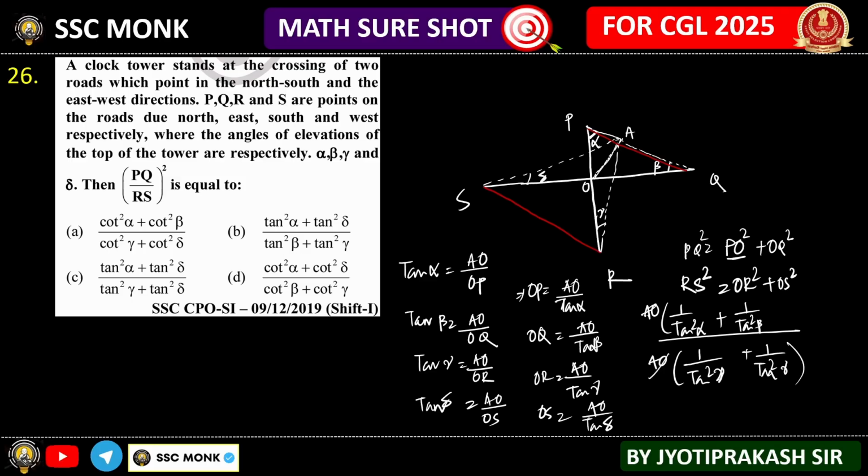Now AO is gone. 1 by tan square alpha can be written as cot square alpha, this as cot square beta, this as cot square gamma, and this as cot square delta. Answer is option D. Clear? Simple as that. Yes or no?